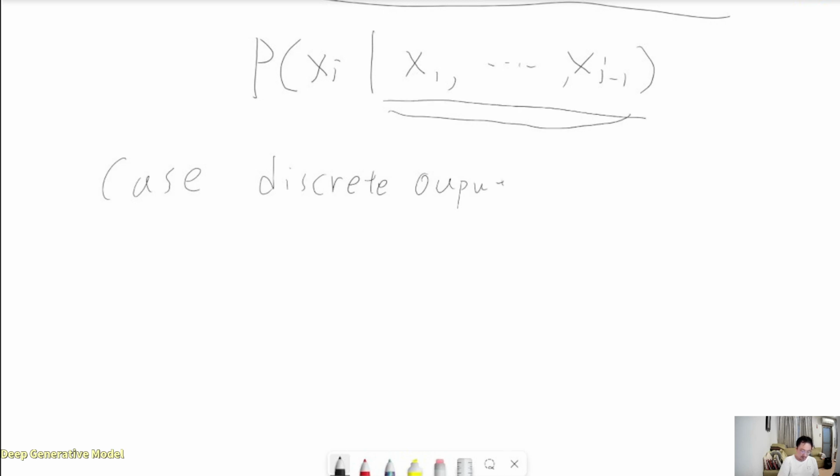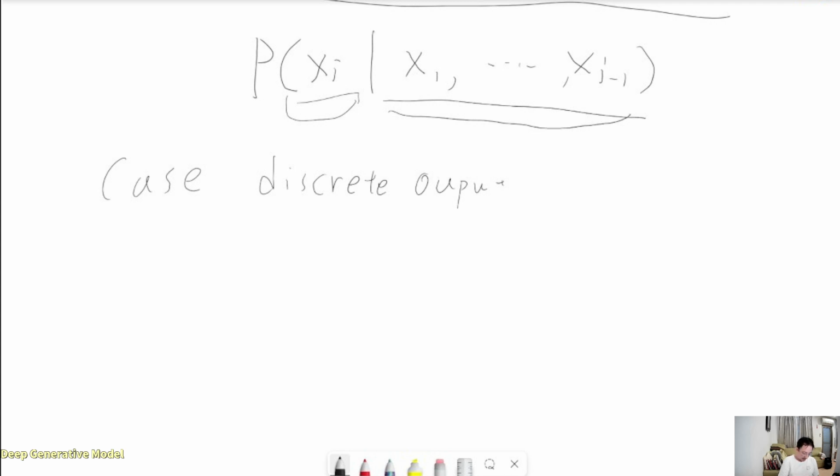The input is the history, but the output is x_i. So x_i might be something discrete, like when you do classification, like MNIST or CIFAR-10, there are 10 different outputs. So this one is discrete.